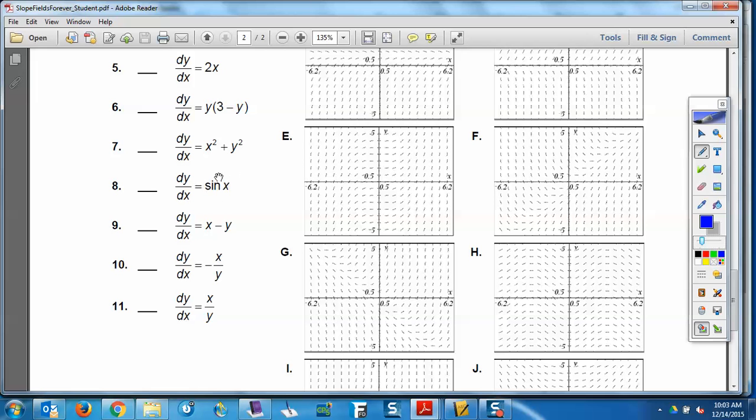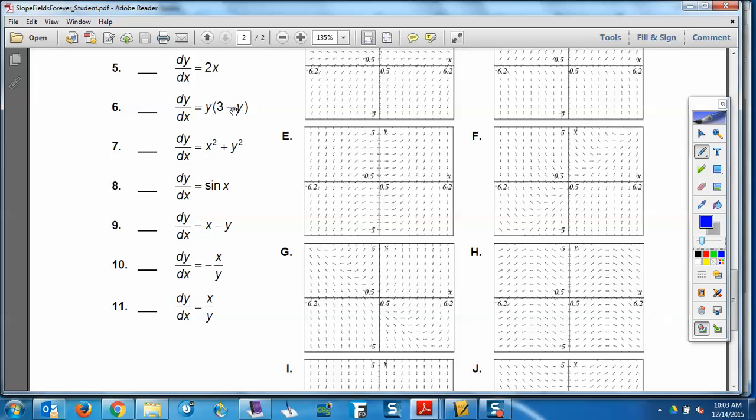But even quicker than that, you can look at it and say, I can do an antiderivative when there's just an x in there and kind of tell what the function's supposed to look like. So the antiderivative of sine would be negative cosine, and if you look at H, it does look like a negative cosine where it starts down low and then comes up, right? And so that could be a way to find it a little faster too, okay?